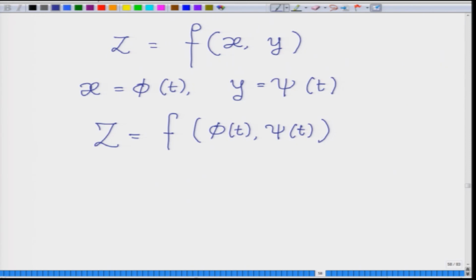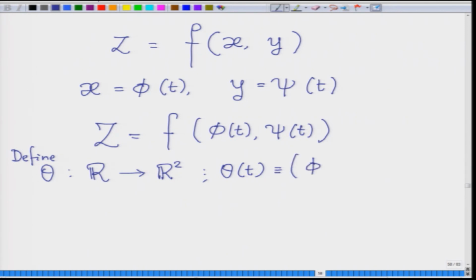Because define a function theta from R to R2 such that theta of t is by definition phi t, psi t.